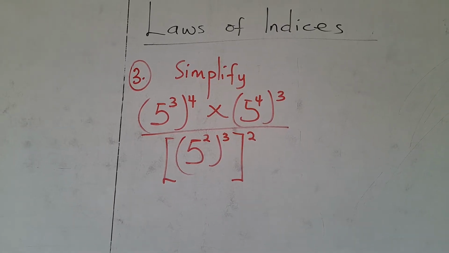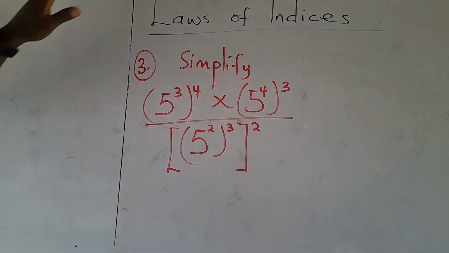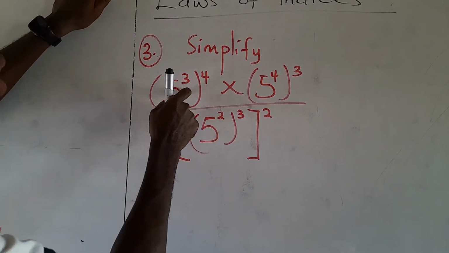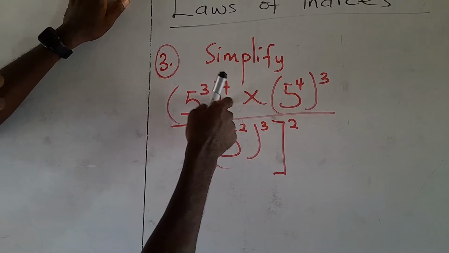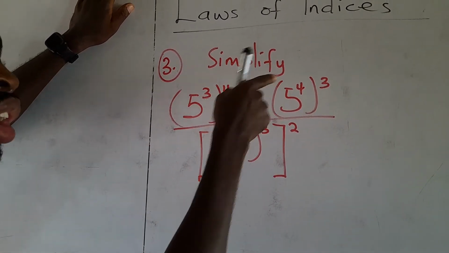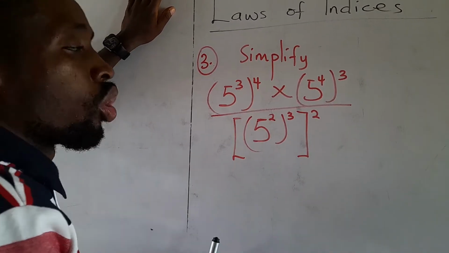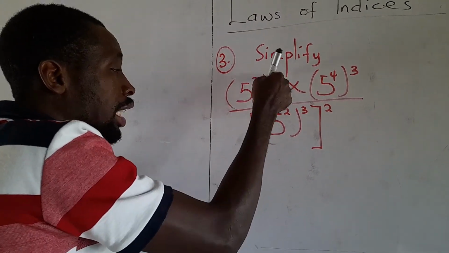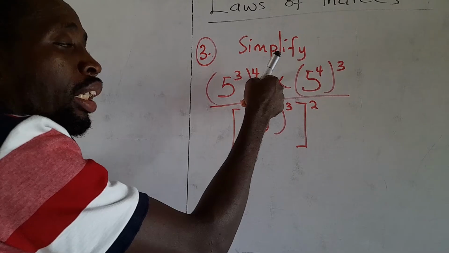So let's solve our third question using the laws. This one is not difficult if you apply the law. We'll apply all 3 laws to solve that. So remember, when an index number is being exponented again, we multiply the index.